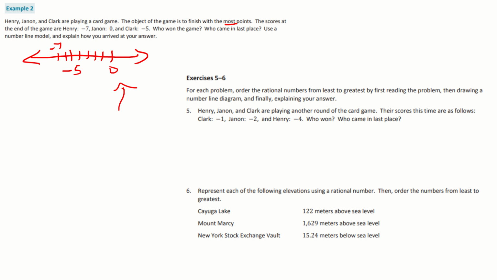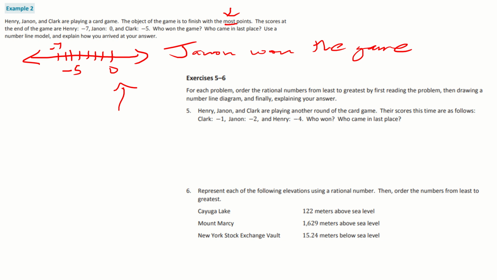That's more than -5 and -7. 0 means you don't owe anybody anything, you don't have anything. -5 means you don't have anything, but you owe somebody $5 in this example. -7 means you don't have anything, you owe somebody $7. So using this number model to represent this, who won the game? The person that had 0 did. So Janin won the game because they had the biggest point, right? Most points.